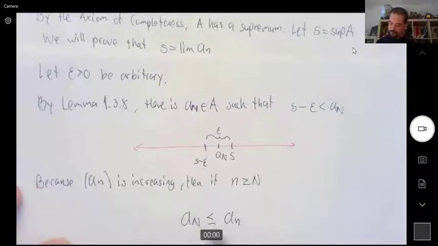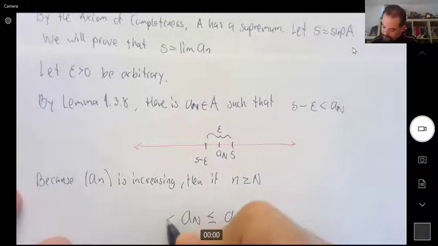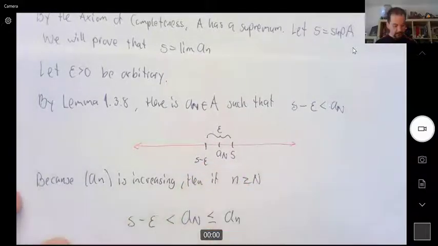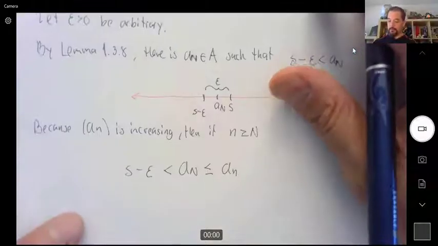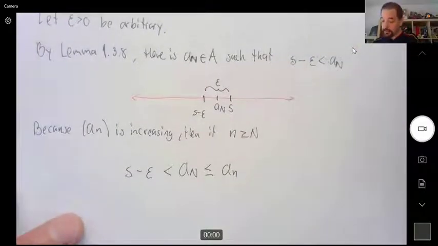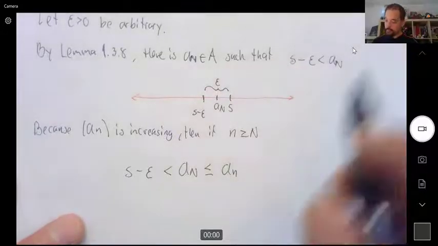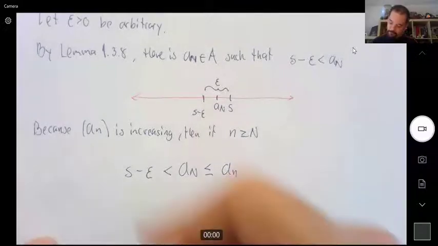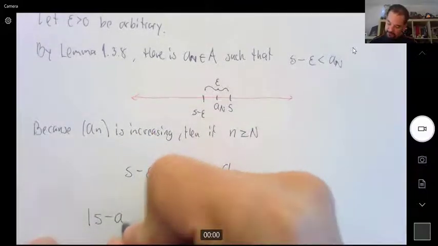So this happens, but in the same way, we know this is true: S minus epsilon is less than a_N. Now remember what we're after. We want to show that the limit is S. So what we really want to do is to check the distance from S to a_n. So let's do that. What is S minus a_n?